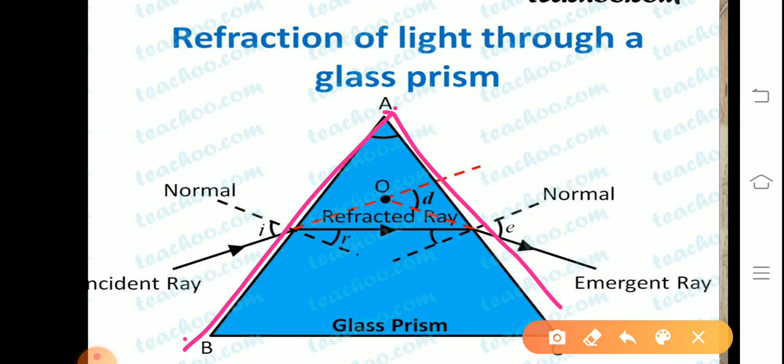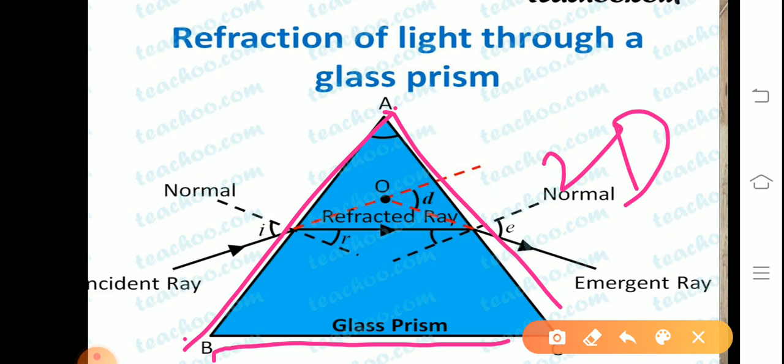It contains two triangular bases and three rectangular plane lateral surfaces. Actually, this is only a two-dimensional figure. If you go through the 3D figure, you definitely observe the two triangular bases and three rectangular plane lateral surfaces.